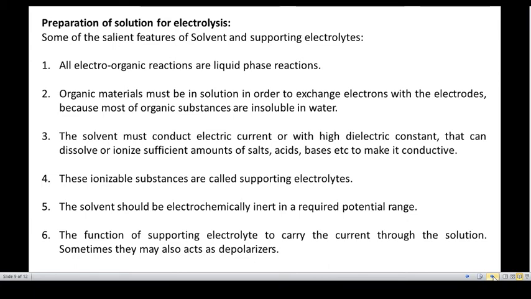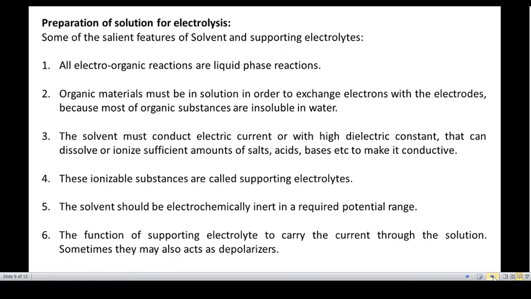And the solvent must conduct electricity or it must have a high dielectric constant so that it can dissolve a sufficient amount of electrolytes like salts, acids, bases to get a more conducting solution. So you have to add some ionizable substances like salts, acids, bases, etc., which can enhance the conductivity of the solution, and they are called supporting electrolytes.